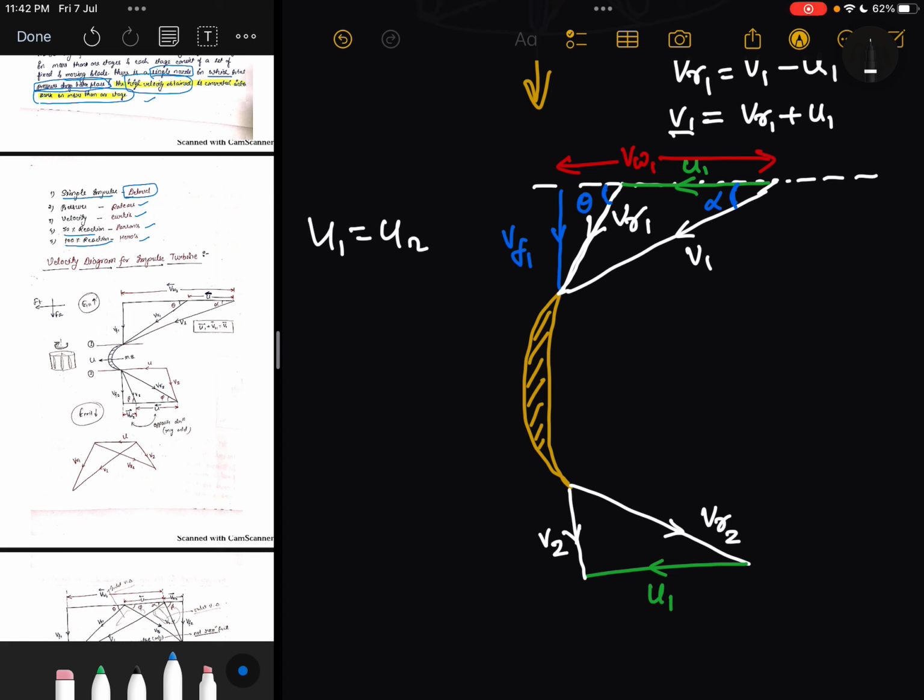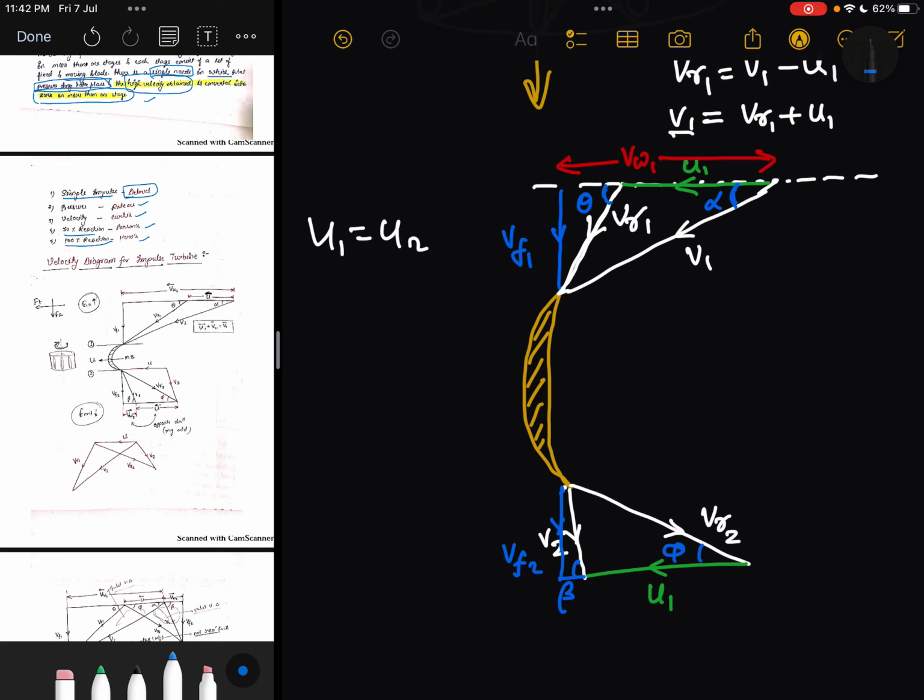And this is the horizontal component, Vf2. Now this is the blade velocity phi, and this is the beta.